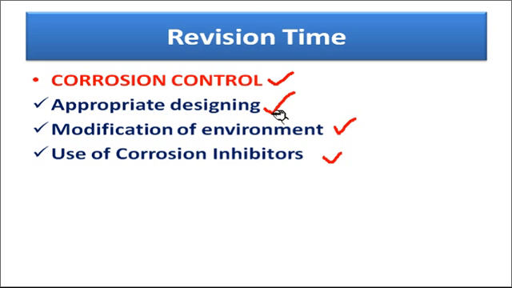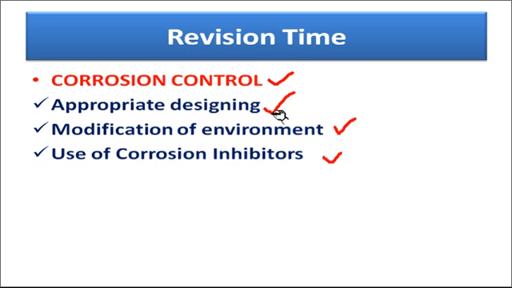Then we have discussed the modification of environment, in which we discussed the 3 D's: de-aeration, deactivation and dehumidification. Then we have discussed the corrosion inhibitors. The corrosion inhibitors are of two types: anodic and cathodic inhibitors. Anodic inhibitors basically slow down the anodic reaction.